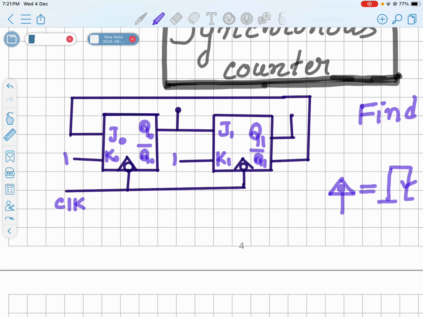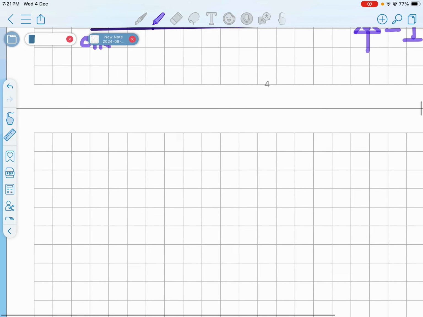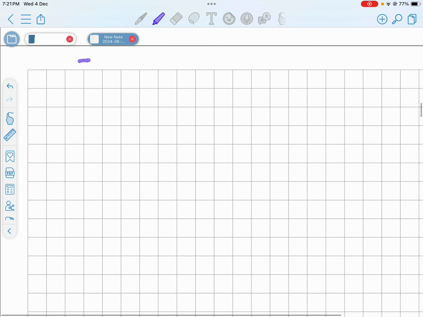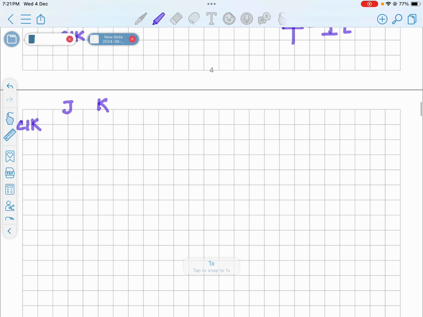Okay, so first of all, let us discuss how the JK flip-flop works. If the clock is not given, then what will happen? Whatever value you give to JK, 0 0, 0 1, we always get the hold condition.